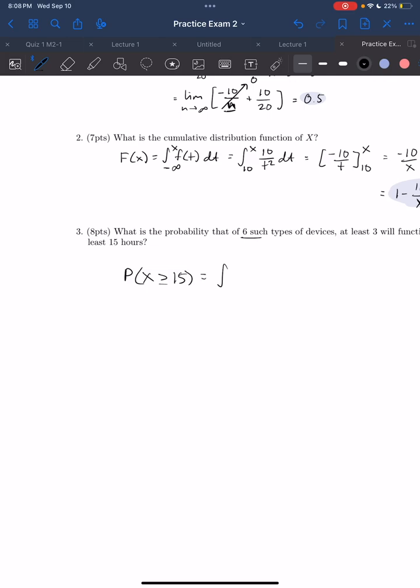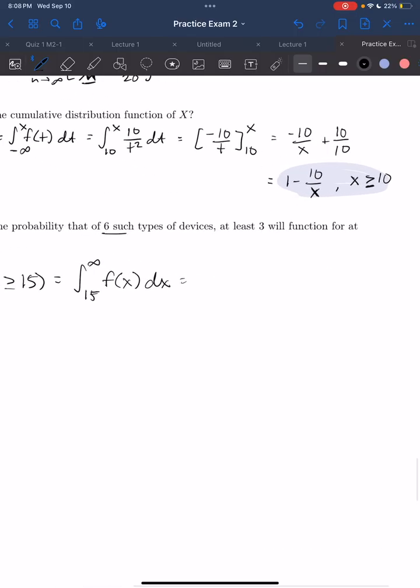That is equal to the integral from 15 to infinity of f of x dx, which is the limit as n goes to infinity of the integral from 15 to n of 10 divided by x squared dx.